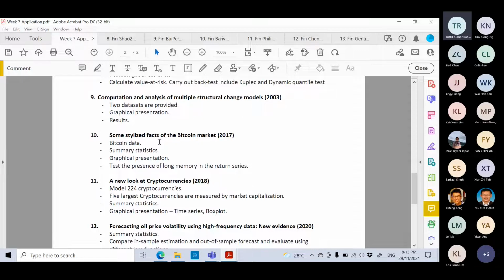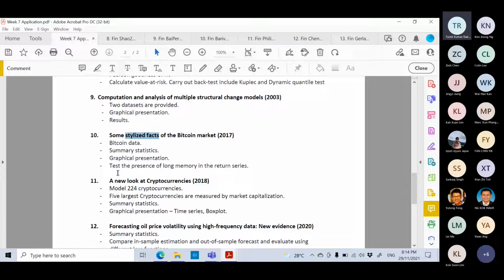So they provide where the source of the data is. The first thing, the source, where they obtain the data. The second thing, they provide the summary statistics of the data set. After that, they use graphical presentation to demonstrate what they call the starlight effect of the Bitcoin data.